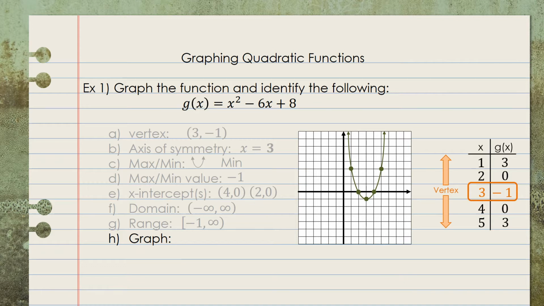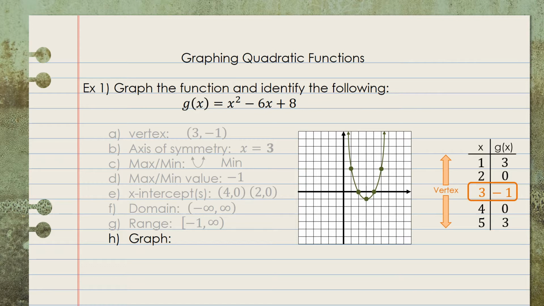Looking at your graph, is your vertex at 3, -1? Yes. If you were to draw a line at x equals 3, would it make the graph symmetrical? Yeah. Does this graph appear to have a minimum or a low point? Yes. Does that low point appear at -1 on the y-axis? Yes.